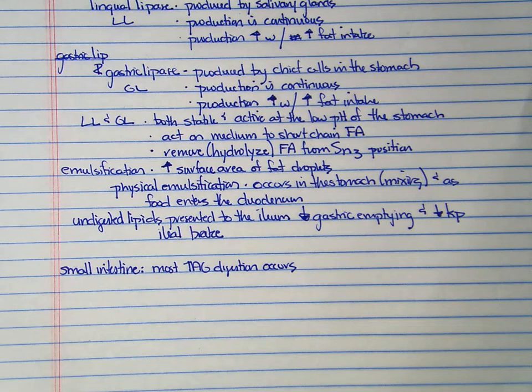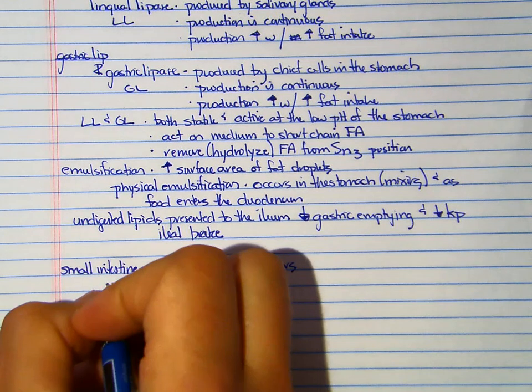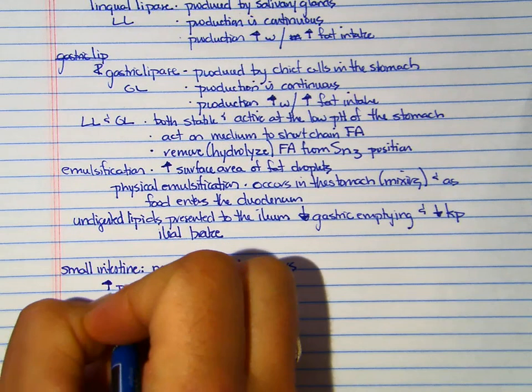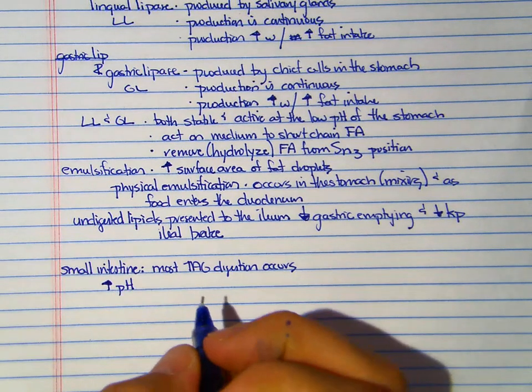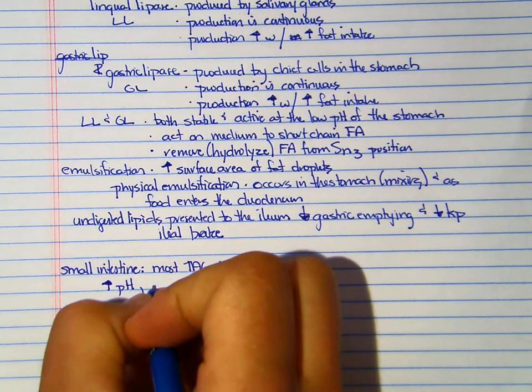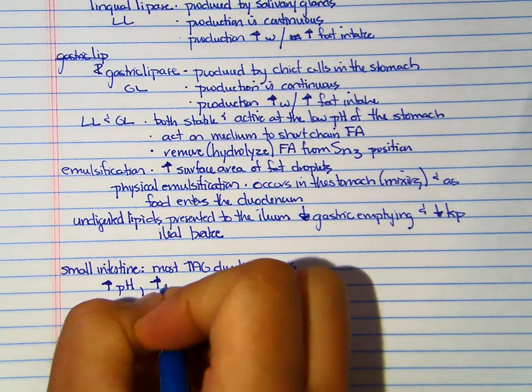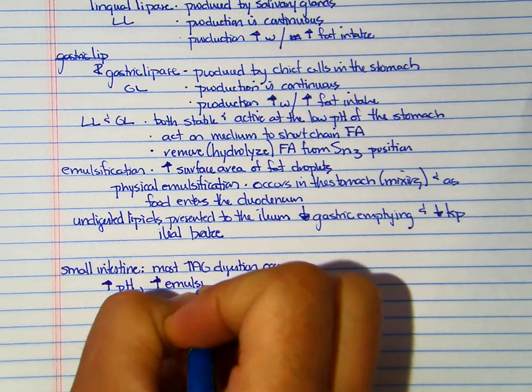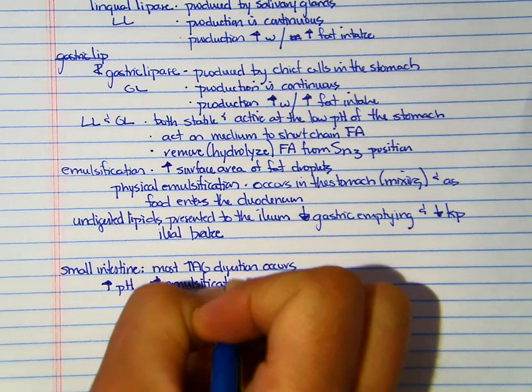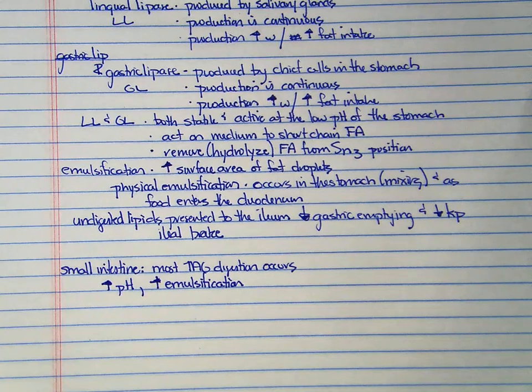So this is where we're going to have most of the digestion occurring. We're going to have basically four things happen. We're going to have an increase in pH, and everybody should be good with why that happens and how that happens. We're going to have increased emulsification. So we're going to attempt to make the fat droplets smaller and keep them small.